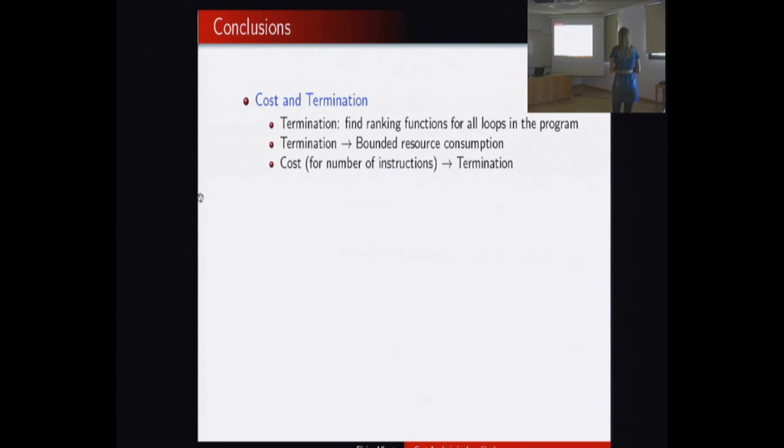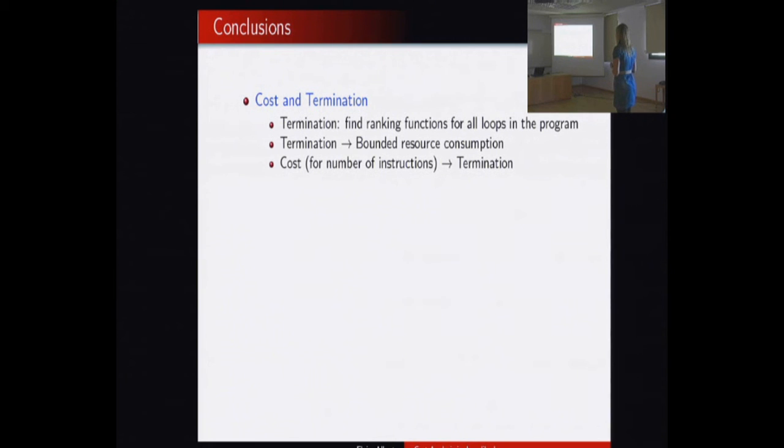Okay, so we conclude this part saying that we are studying both the problems of cost and termination. They are very much related. So the knowledge we had in termination was very useful for cost. In particular, finding these ranking functions was essential to have an automatic way of inferring upper bounds.